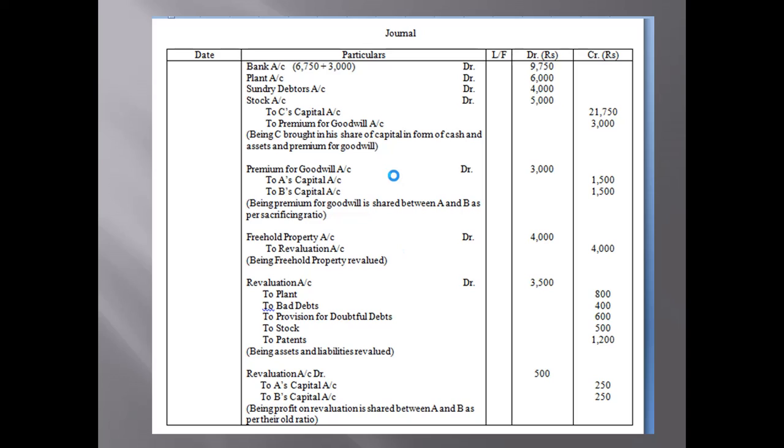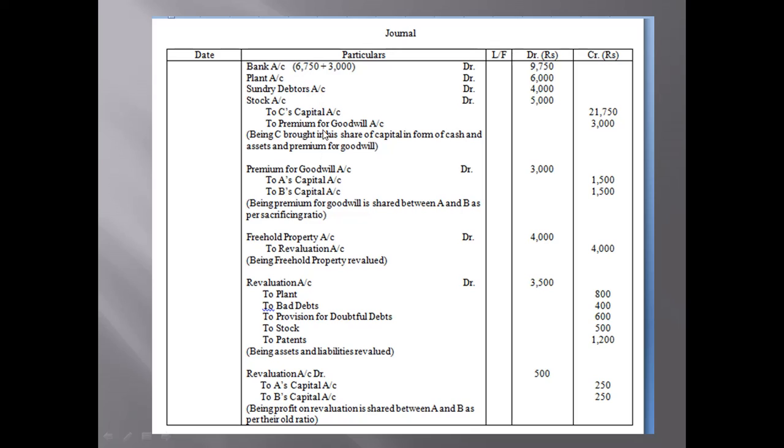The problem of understanding the journal entries and understanding the profit or loss in revaluation, because without making the revaluation account, we can never ascertain whether in revaluation we have profit or loss, because through journal entries we can never know that. But if you have understood the concept of journal in class 11 nicely, there will be no problem. So let us look at the first journal entry here.